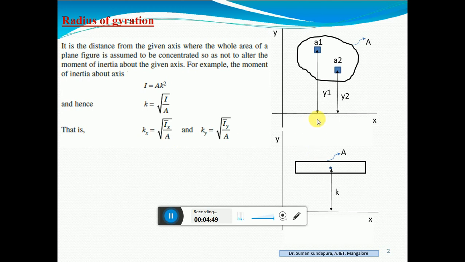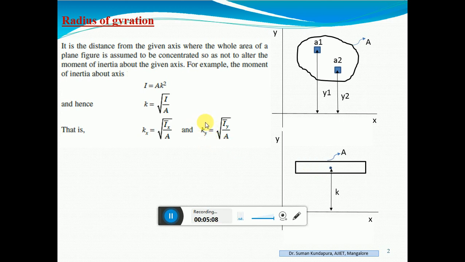Similarly, if I take the distances x from the y axis, and replace the entire figure by this one, the y distance will be this.